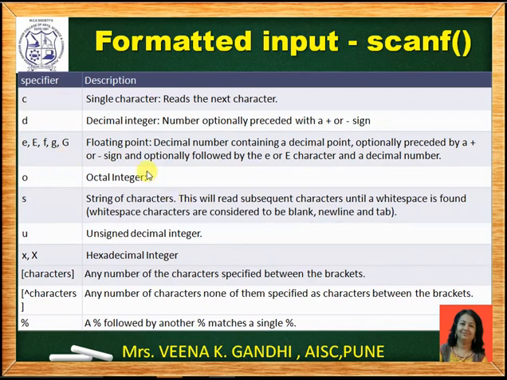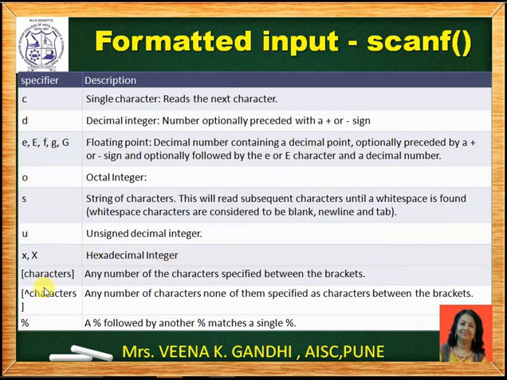For an octal integer number, you can use %o. For a string of characters, you can use %s. But it will read the string until it finds a white space character. If it finds a space, tab, or new line, it will stop reading characters. And %u for unsigned decimal integer, x, small x or uppercase X for hexadecimal integer.